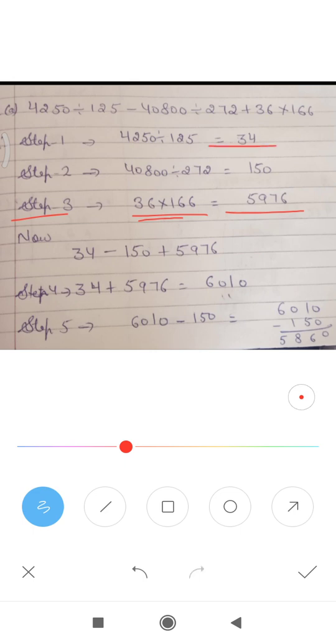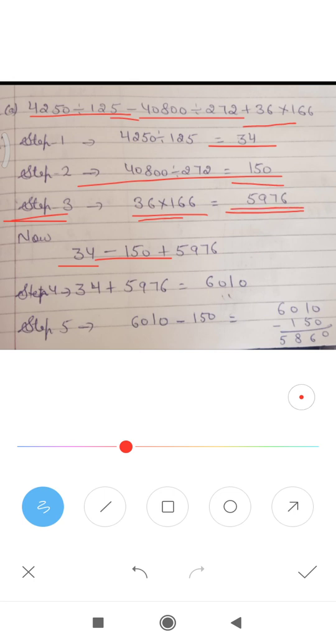So in place of these numbers, it will come 34. Now minus sign is given. Then 40,800 divided by 272, its answer is given in step 2, 150. So we will write in place of these numbers 150. Now plus 36 multiplied by 166. Its answer is given in step 3.